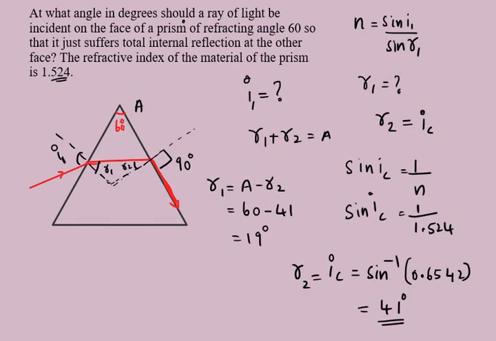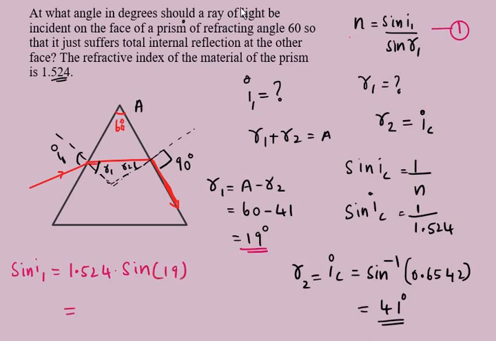So we got the value of R1, and once you get it, let us substitute in equation 1 to find the value of I1. So sin I1 is equal to n into sin R1, that is 1.524 into sin 19 degree.